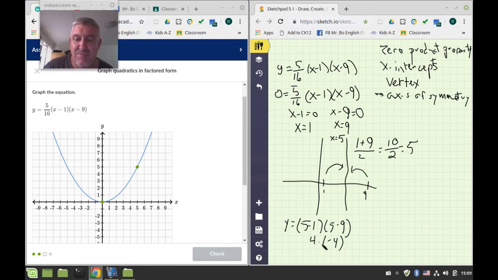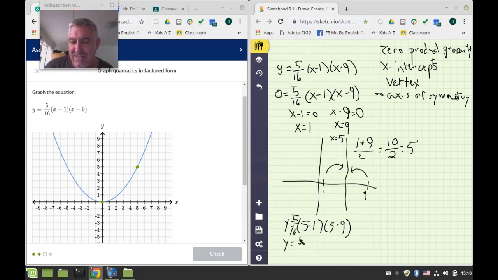So 4 and negative 4, or 3 and negative 3, or 2 and negative 2, or square root of 2 and negative square root of 2. Okay, so y is equal to that. Wow, I missed my coefficient, right? So it's going to be 5/16 times that.